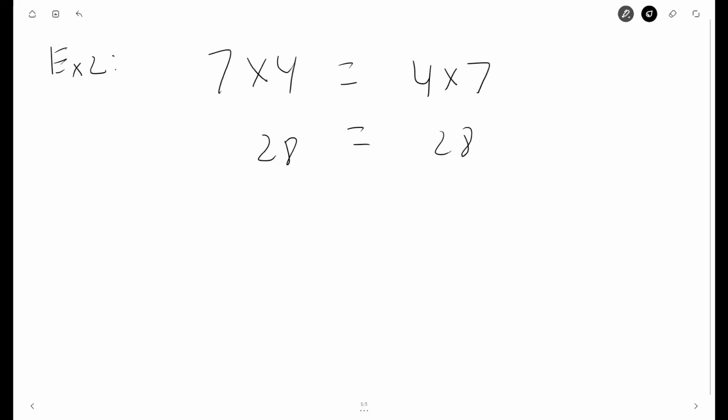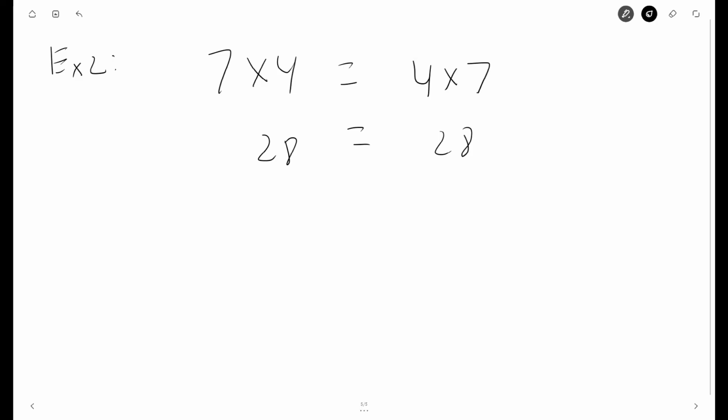Let's do example number 2. Here we have something like this: 7 times 4 equals 4 times 7. So let's see what happens on both sides. 7 times 4 equals 28. And 4 times 7 equals 28. That means that both sides are equal.